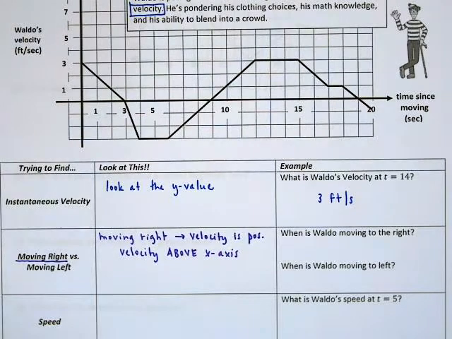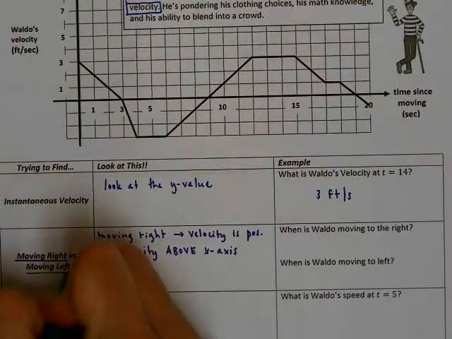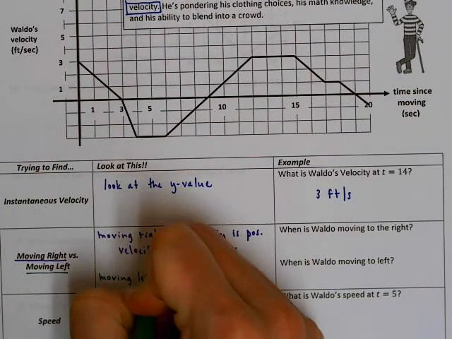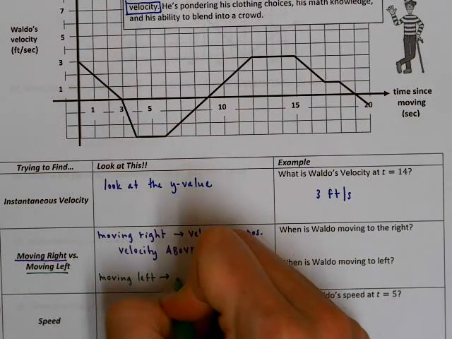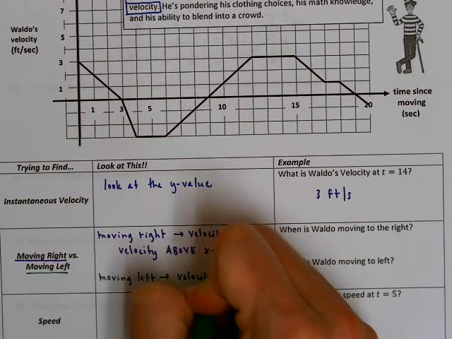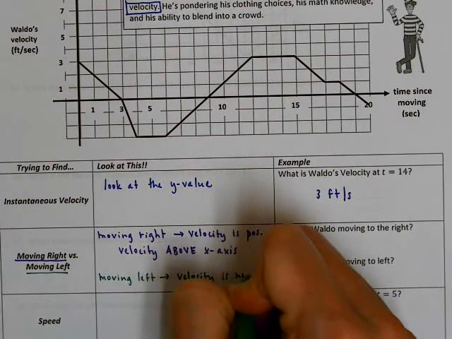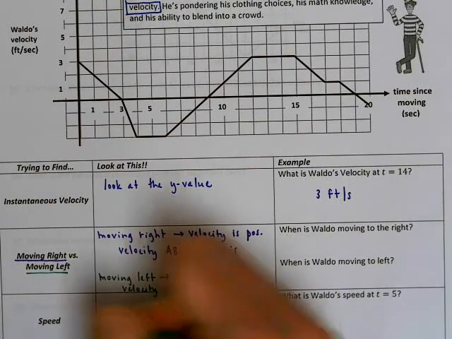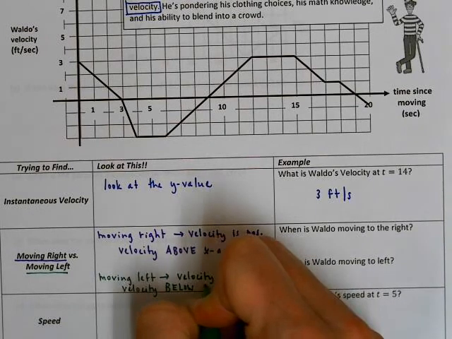That's going to tell me when the object is moving right. On the other hand, if we're looking at moving left, I know that happens when my sign of velocity is negative, so I'd be looking for where velocity is below the x-axis.